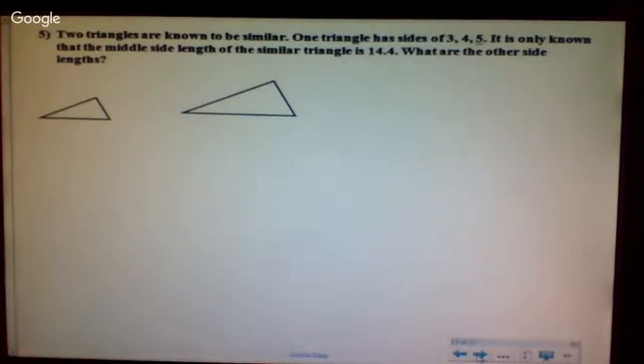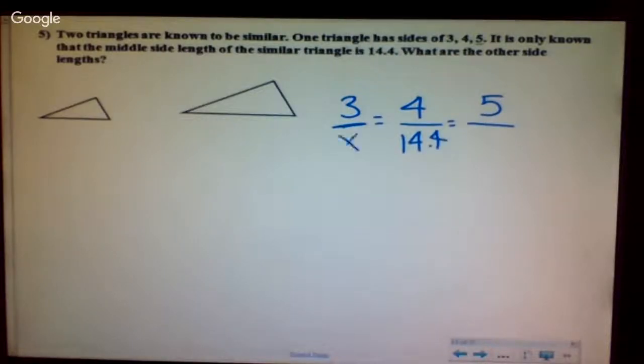So I've got one triangle with sides 3, 4, and 5. All I know about the other triangle is I have a middle that's 14.4. What number does that go under? The 4. That's my middle number of the first one. So this is unknown and this is unknown.